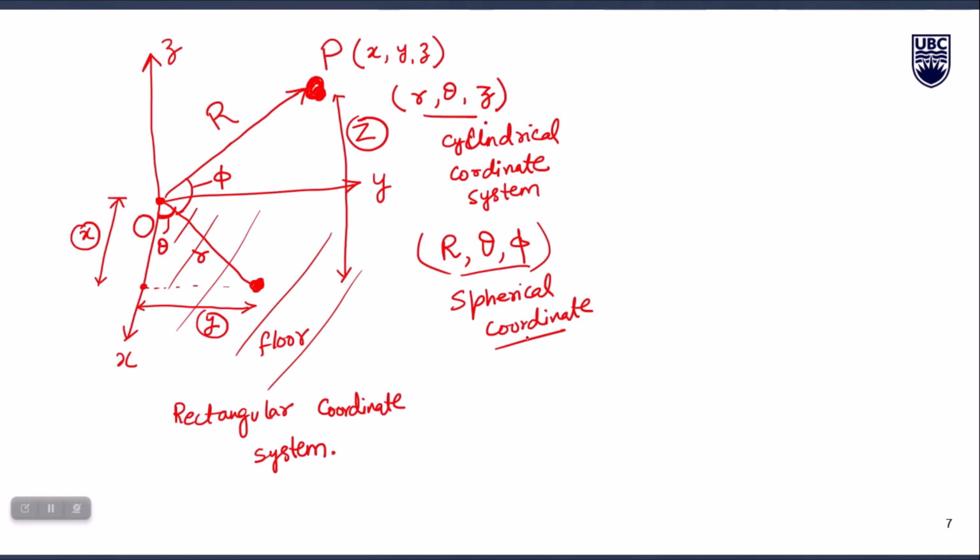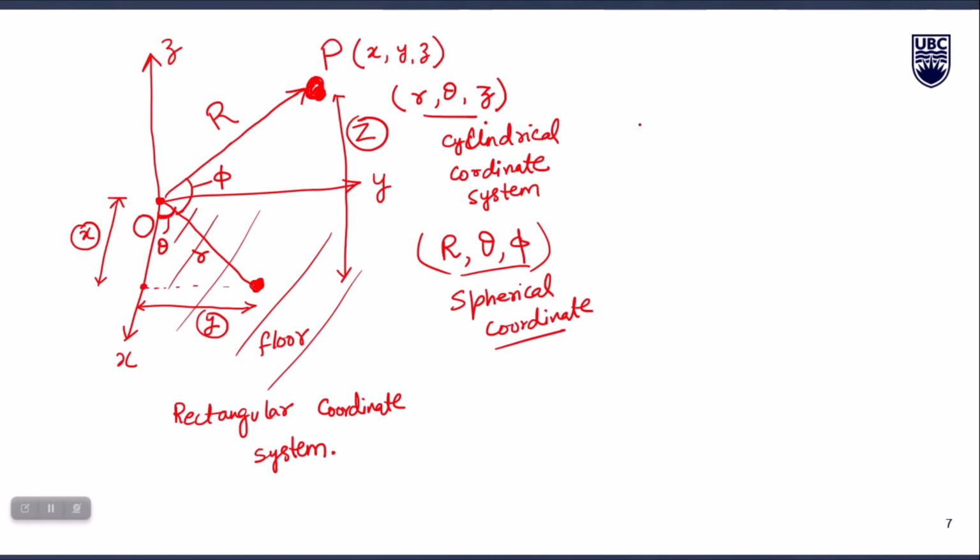Now the question should be: in which cases should we use the Cartesian coordinate system, and in which cases should we use the cylindrical coordinate system? The answer is that it will depend on the type of problem we are studying, right? If, for example, we are dealing with motions which are mostly translational, an object is moving in one direction and another direction, then it is more convenient to represent that motion or define the position of particles at any time instant t using the rectangular coordinate system, right?